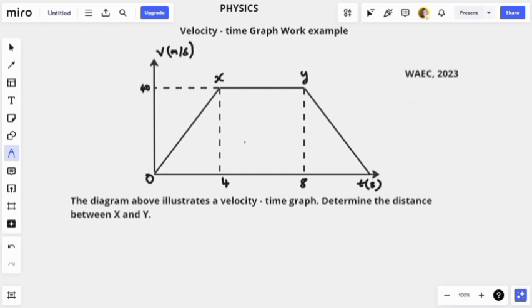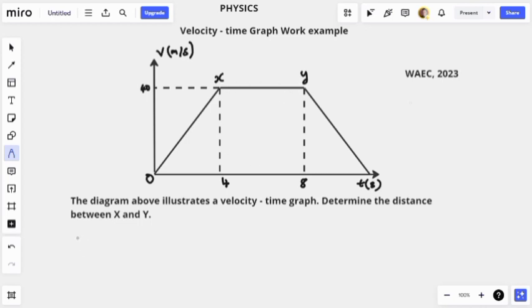But since they say we should find the distance covered by the body between point x and y, we are only going to find the area formed by point x and y. You see that they have formed a square shape, or we might still call it a rectangle.